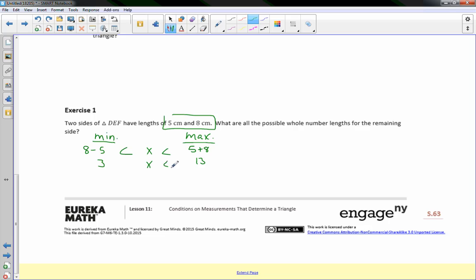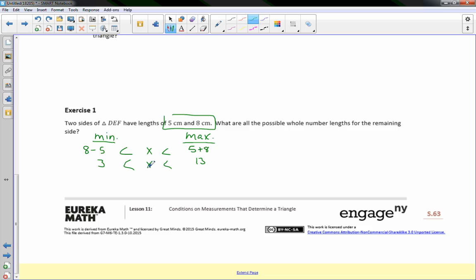If I'm given two sides, 5 and 8, the third side must be greater than 3, because 3 plus 5 equals 8, and that won't make a triangle. It'll be two lines sitting on top of each other. And if I made the third side 13, well, 5 plus 8 equals 13, so these two would just lay on top of this 13, and it would not form a triangle. So if I pick any value in between, this will work.